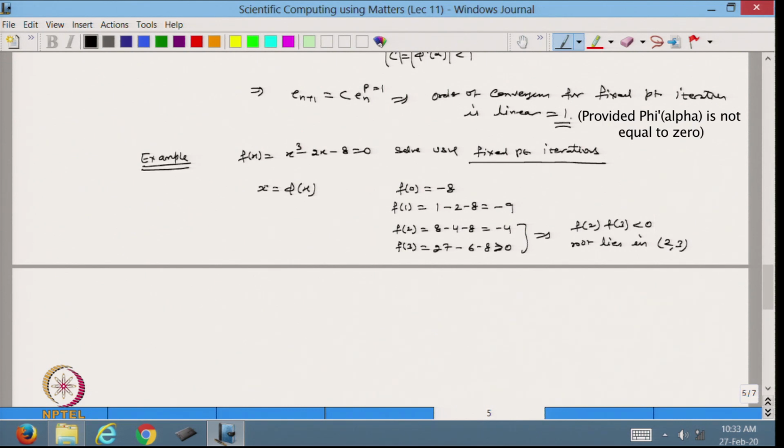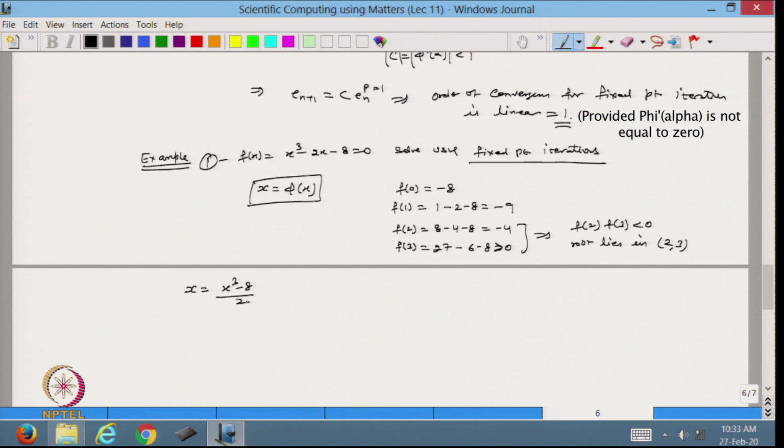Now, I want to find the root using my iterative process. I can write equation number 1 as x is equal to x cube minus 8 by 2.